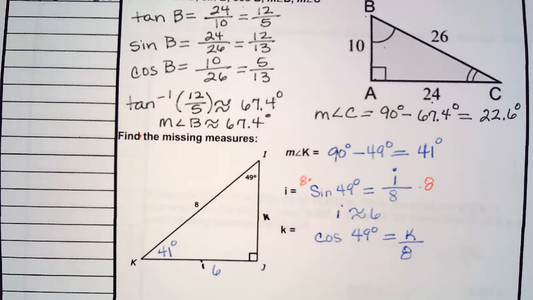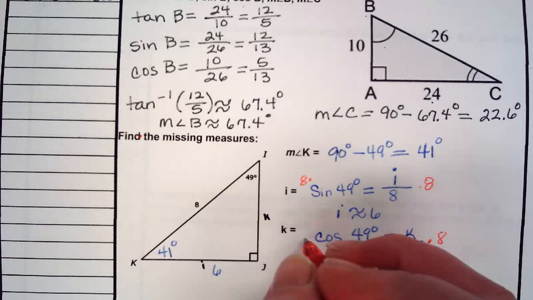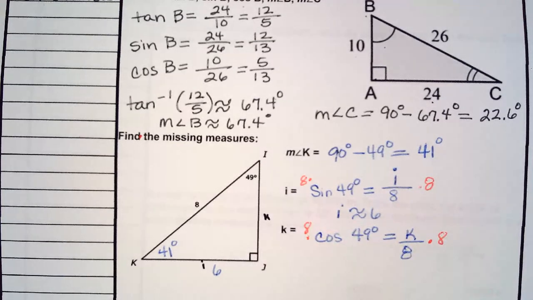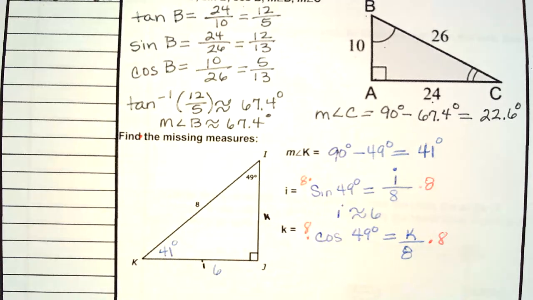We're doing the same process again. We'll multiply both sides by 8. Eight times cosine 49, close it off, hit enter, and I get 5.24, which is approximately 5.2.